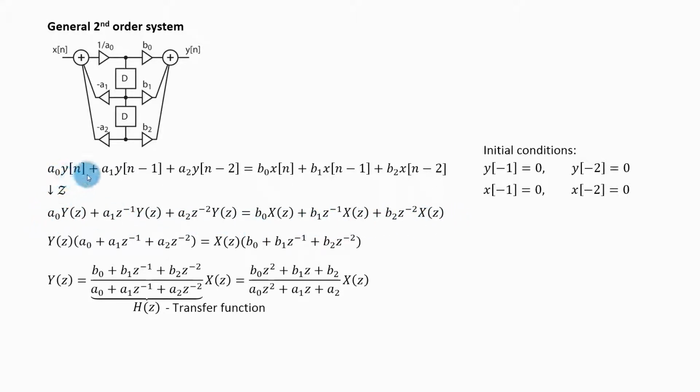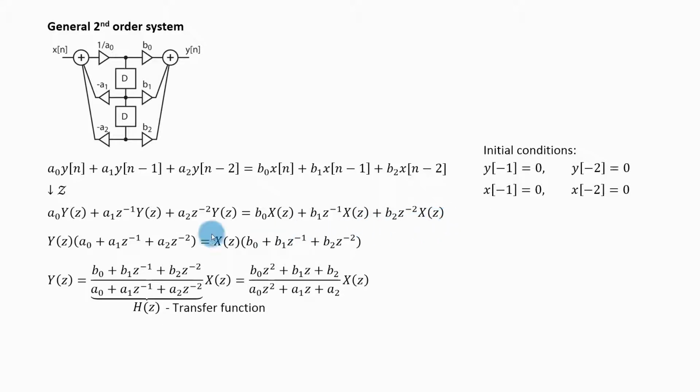The y of n will become this uppercase Y of z. This y of n minus 1 will become this uppercase Y of z multiplied by z to the minus 1, and this y of n minus 2 will become this uppercase Y of z multiplied by z to the minus 2. The right hand side is transformed in a similar fashion.